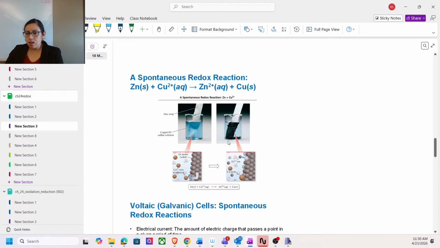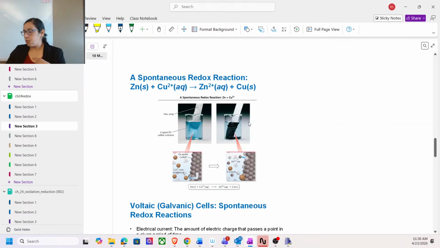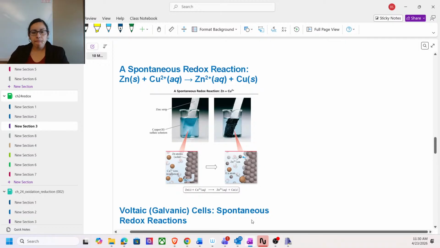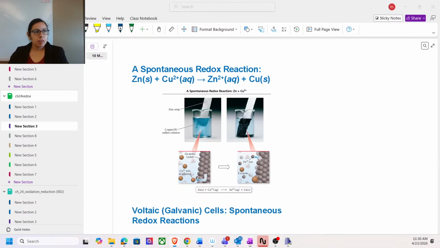All right, so then I did bring a demo. And so we want to shift and think about the comparison. Let's look at a spontaneous reaction then, so building a galvanic cell.